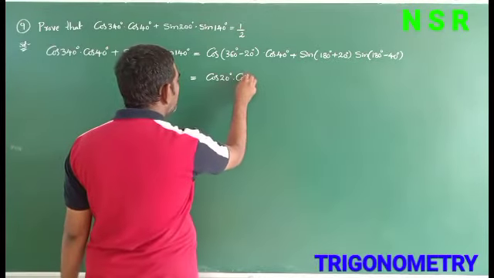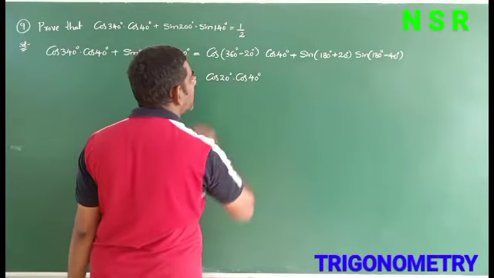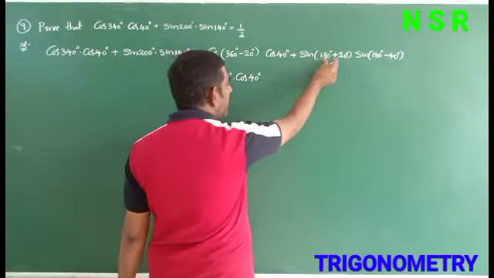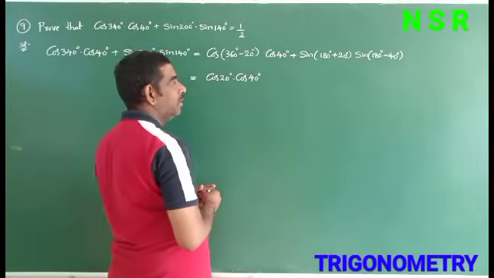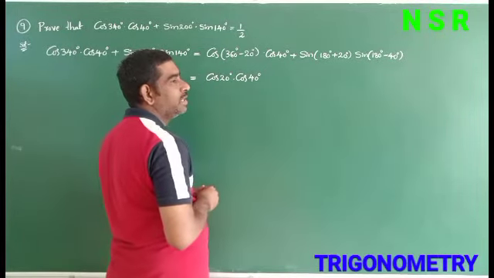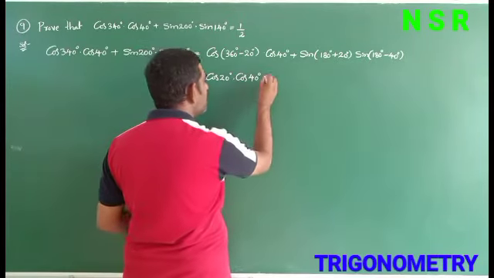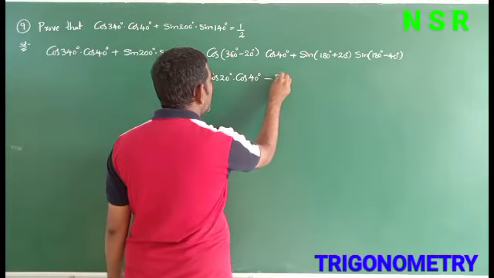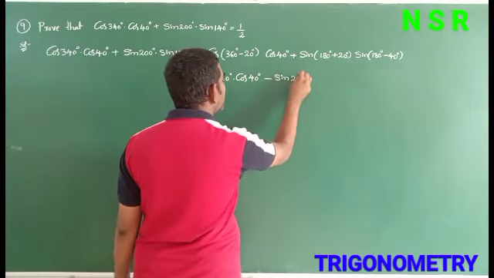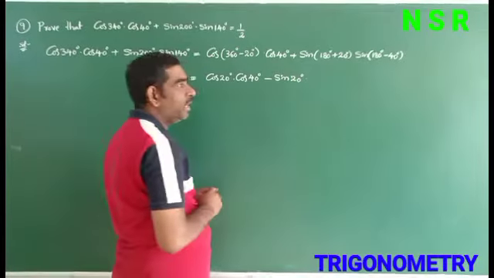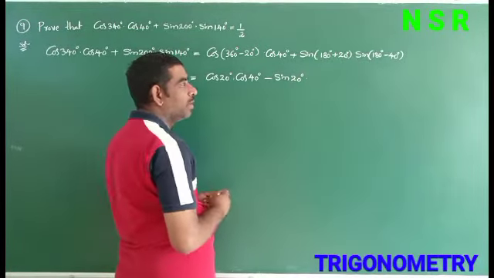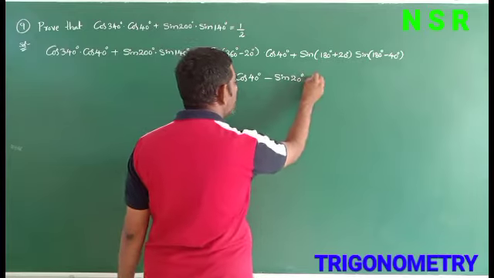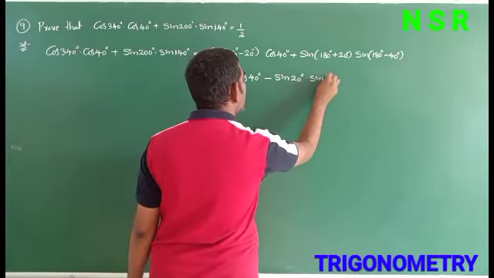Cos 20 into cos 40. Next, sin(180 plus theta) is in the 3rd quadrant, where sin is negative, so write minus sin 20. Sin(180 minus theta) is in the 2nd quadrant, where sin is positive, so write sin 40.